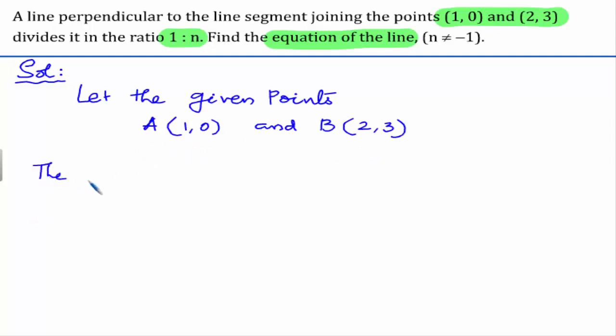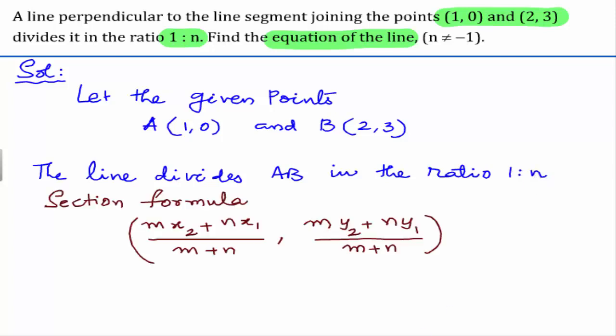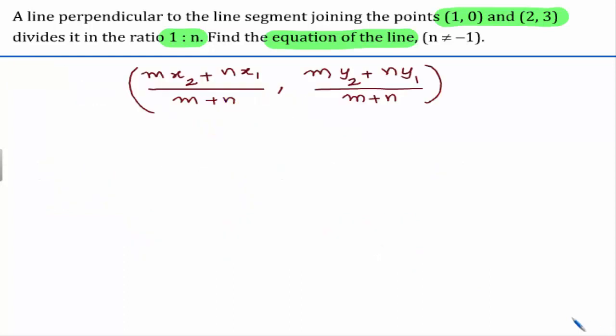The line divides the line segment AB in the ratio 1:n. So the section formula is (mx2 plus nx1) by (m plus n) and (my2 plus ny1) by (m plus n).